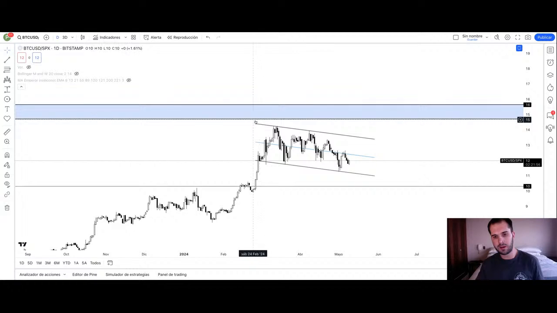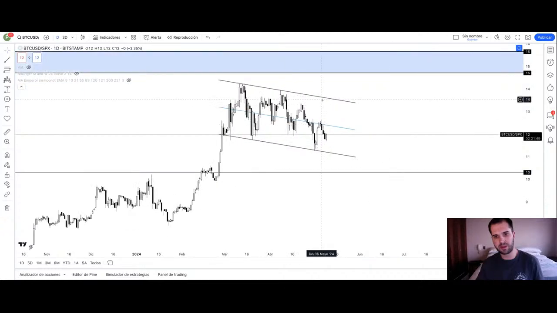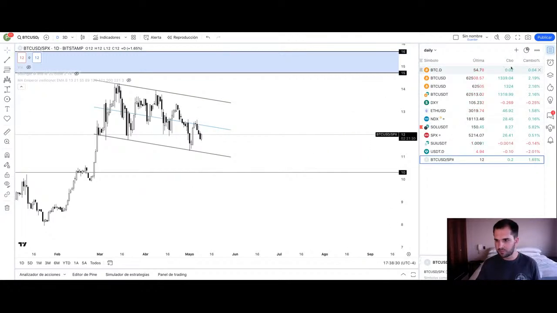Most down-sloping channels tend to break to the upside, so I expect that to happen. I don't know when, because this could go down for a long time. But if all of those bullish divergences play out against the dollar, maybe we can see this breakout on the SPX chart as well.